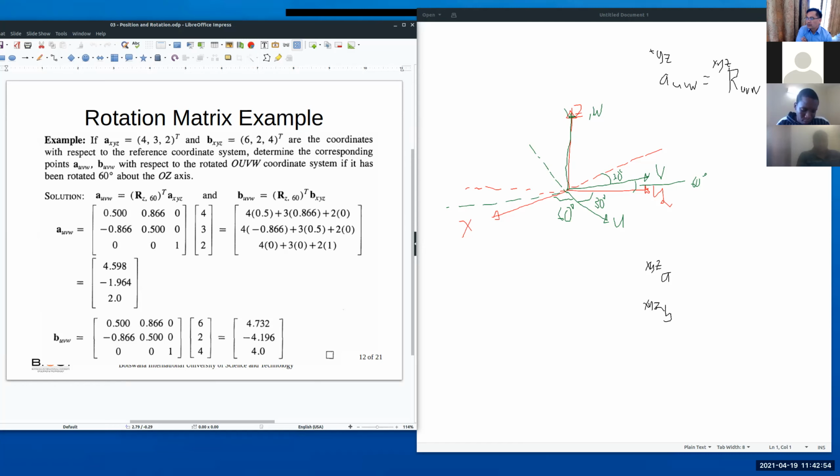Now, instead of exactly the same rotation, we take the transpose of that rotation matrix. So the transpose of this, we use it here.